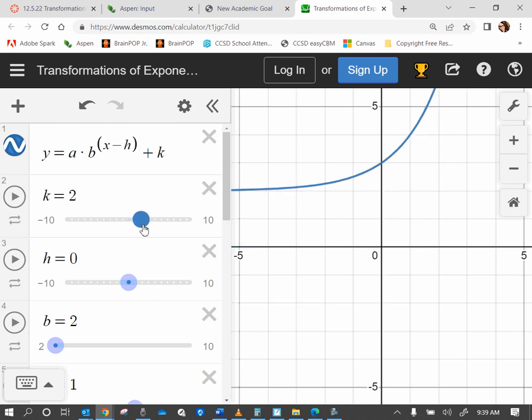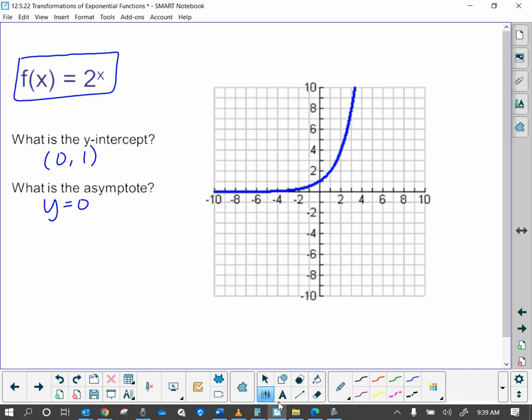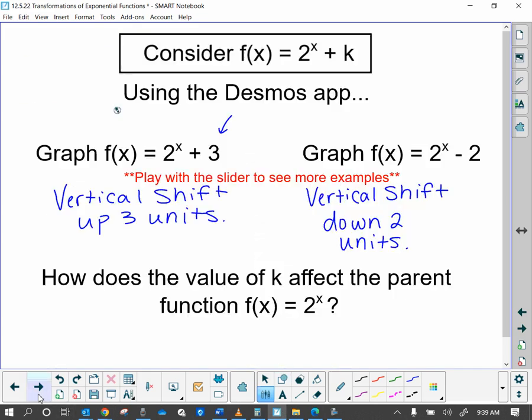If k is 3, that horizontal line is at y equals 3. So by shifting the graph up or down, that changes your asymptote. So here, the asymptote is going to be y equals 3. And then on this one, it's y equals -2. So just keep that in mind. If you change k, the value at the very end, that's going to shift it up or down, and that's going to change your asymptote.